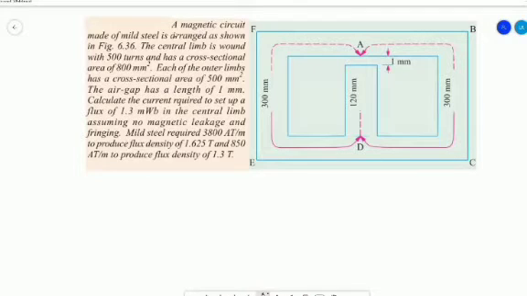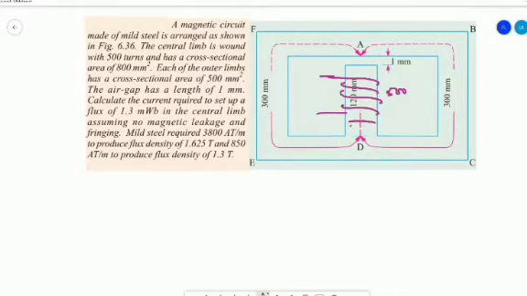A magnetic circuit, it is made of mild steel, is arranged as shown in the figure. So this is the arrangement, and the central limb is wound with a coil of 500 turns. So this is the central limb, and this is wound with the coil of how many turns? So this is wound with a coil of 500 turns, and this has a cross section area of how much? 800 mm square.